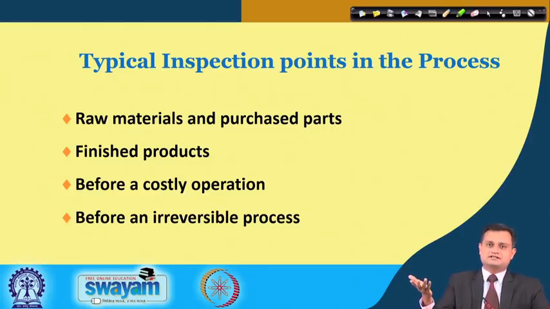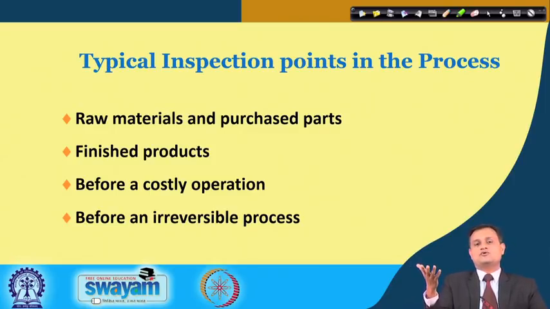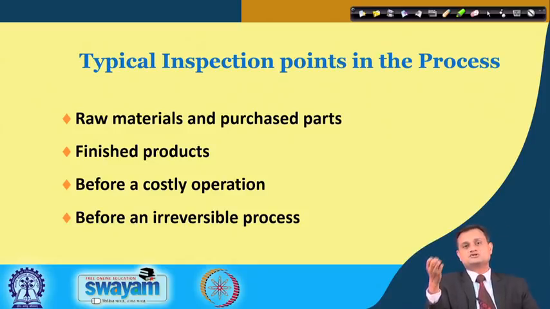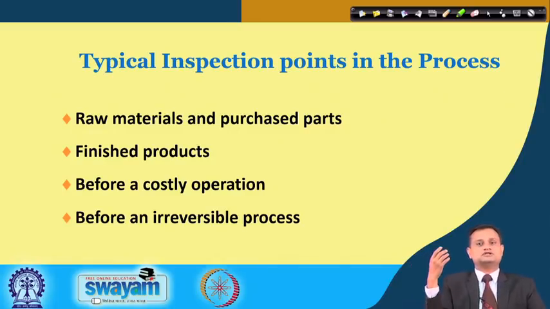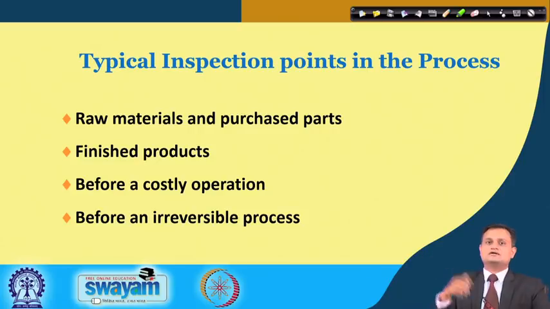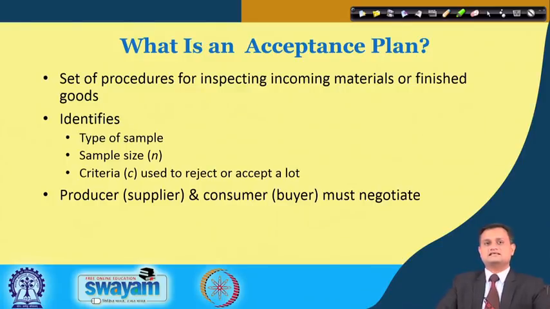All these are examples where you have a very high risk of losing the value, and it is always better to employ inspection or an adequate sampling plan, so that I actually process the good quality component or work in process inventory or the raw material, so that my operations cost and value addition is not wasted. So this is where we can realize the importance of acceptance sampling.